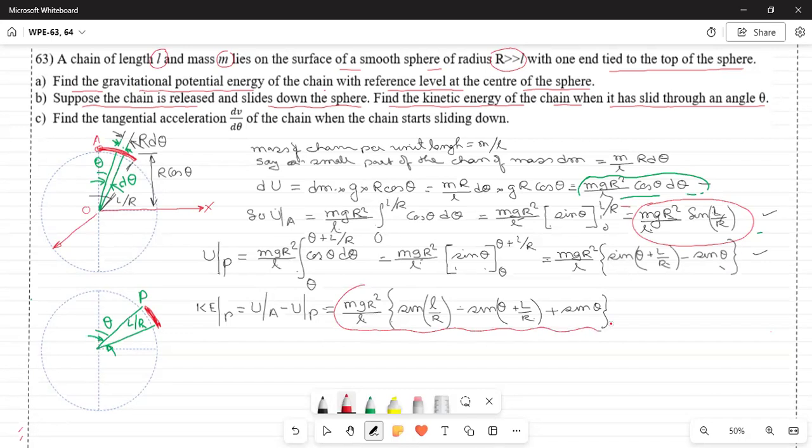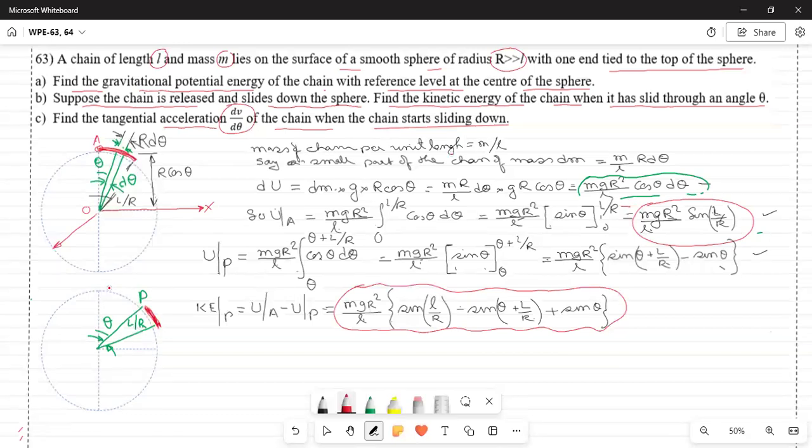What is the kinetic energy of the chain when it has slid through an angle theta? Now there is a third part. Find the tangential acceleration, dv by dt, of the chain when it starts sliding down.